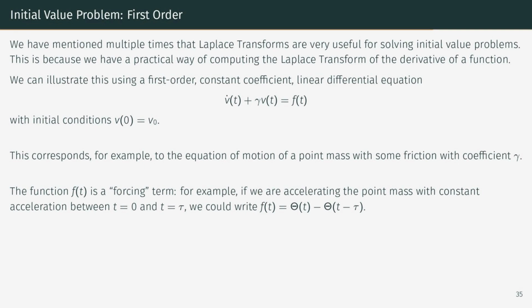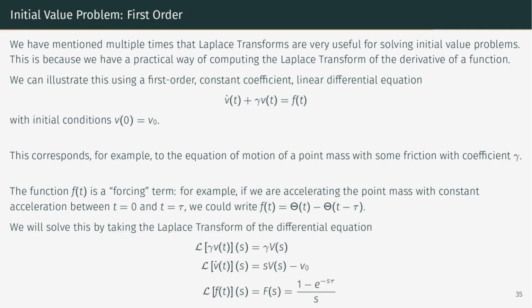The function f of t is a forcing term. For example, if we are accelerating the point mass with constant acceleration between t equals 0 and t equals tau, then we could write that f of t equals theta of t minus theta of t minus tau.